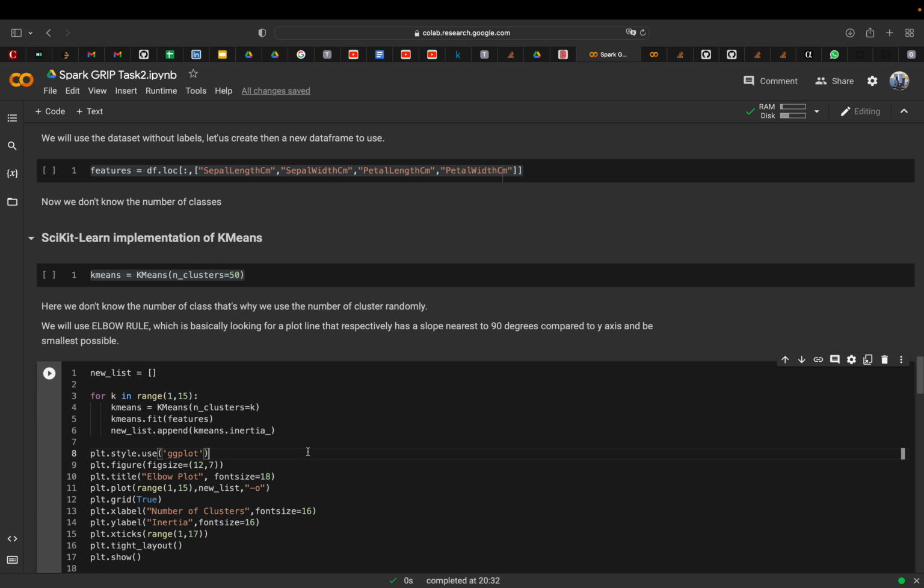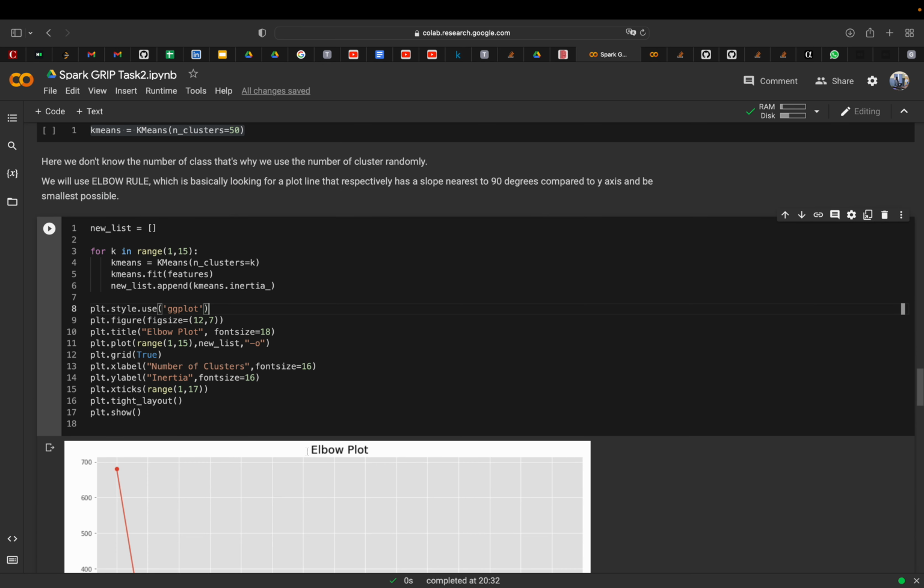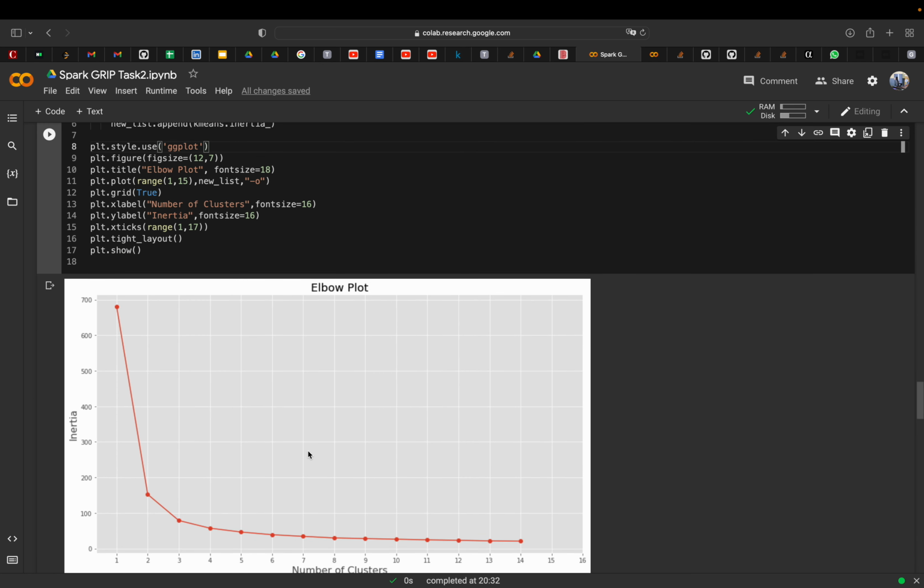A good rule is to choose an elbow in the inertia plot, which means the point where the inertia begins to decrease more slowly.